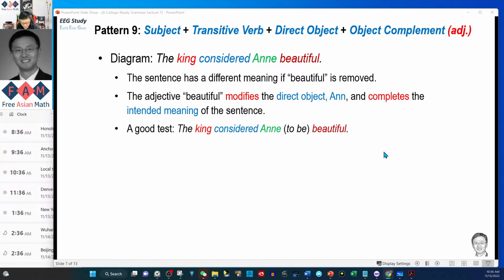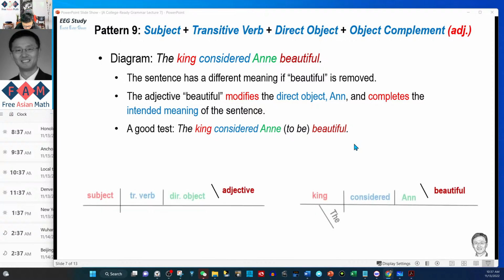Say, the king considered Anne to be beautiful. If you plug this in and the sentence still sounds right to you, then you know this beautiful is a complement of the object. And here, to be, right? Because in this case, if you say the sentence this way, this is actually an infinitive, but that's a different story because we will not discuss that today. It's just an ear test, whether you think when you read this aloud to yourself, this sentence makes sense.